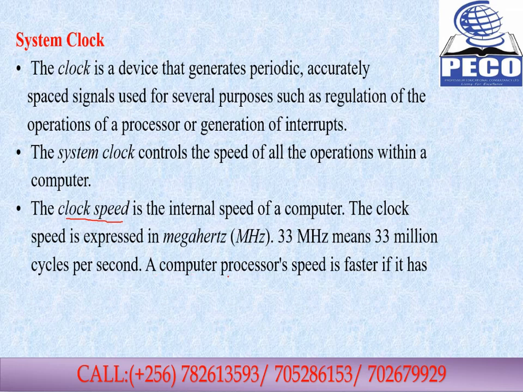A computer processor's speed is faster if it has a higher clock speed. That means that unless the clock speed is higher, you can't say your computer has a very high speed.